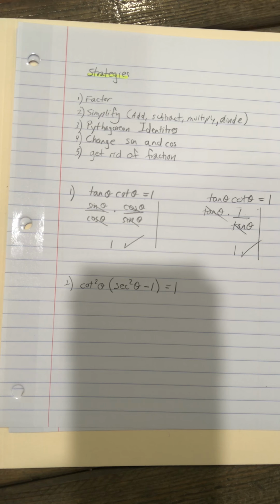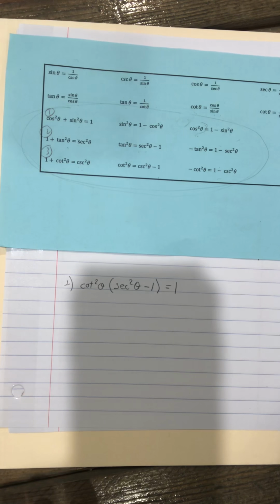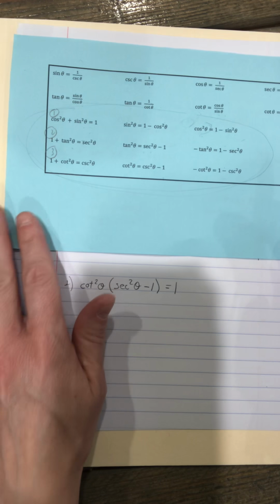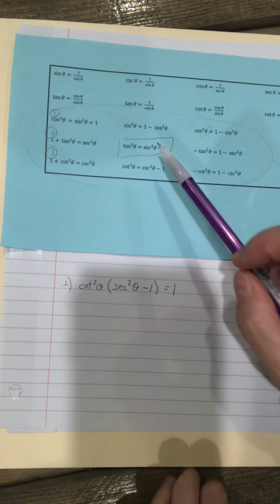Now, when we take a look at this one, what I notice is I see a secant squared and a 1. Right away, when I see a trig function squared, I want to go to my Pythagorean identities. So if I look at this blue sheet, you can see right here, secant squared minus 1. What is that equivalent to?